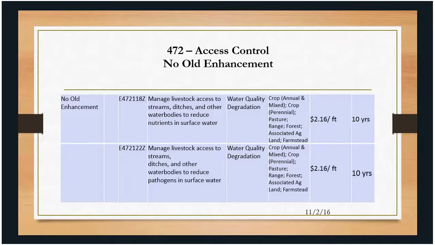Both of these are targeted to water quality. Both of them are applicable on every land use. I can see the list of land uses there, and I don't think there are any missing. So this is applicable anywhere. They pay $2.16 per foot with a lifespan of 10 years.